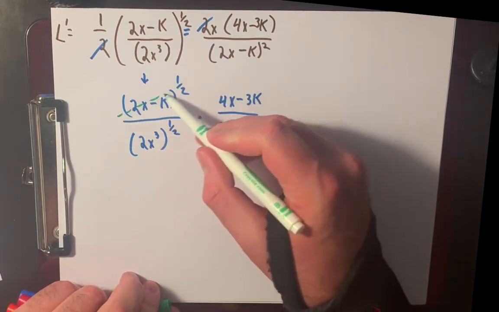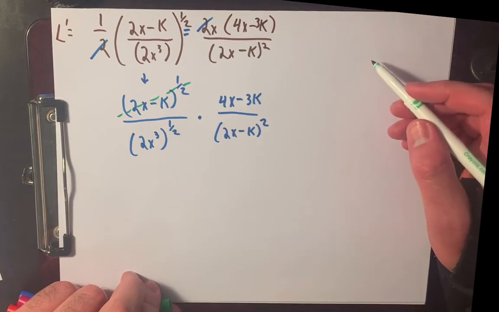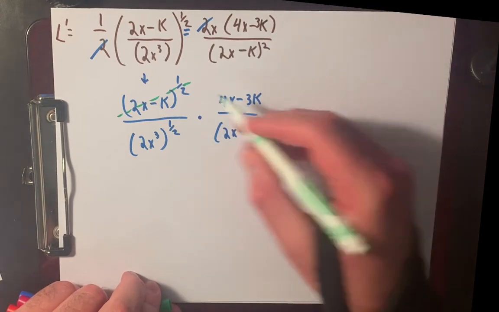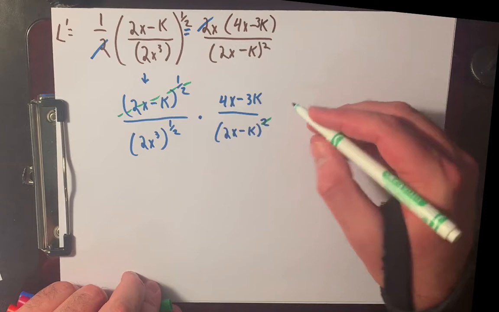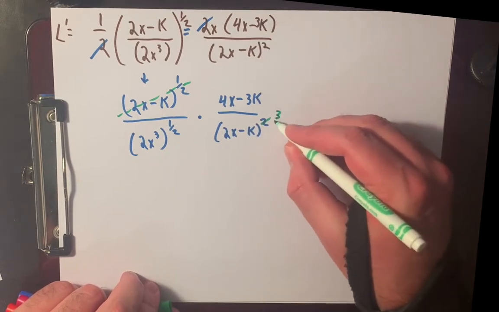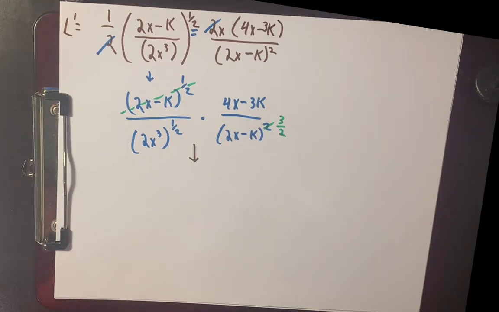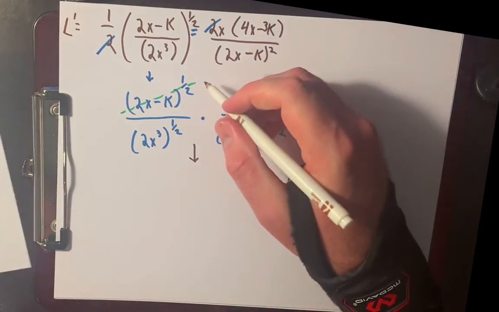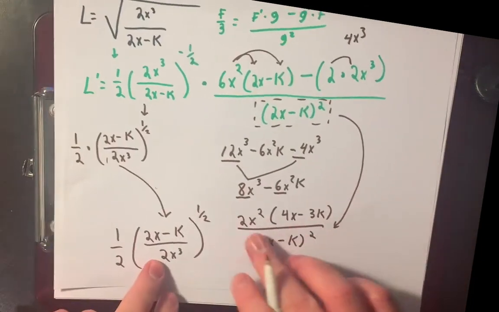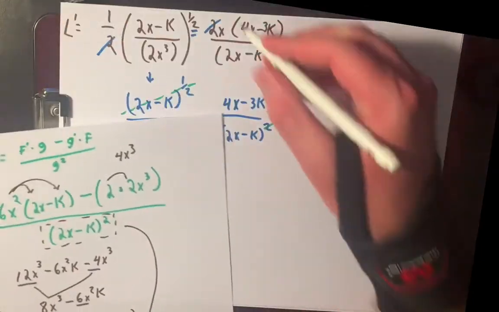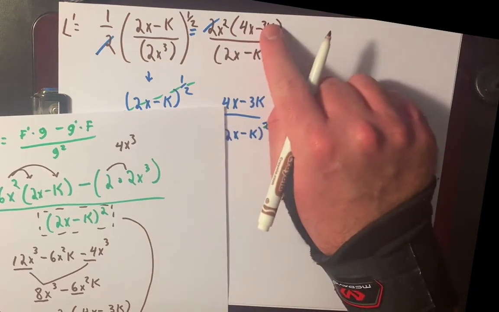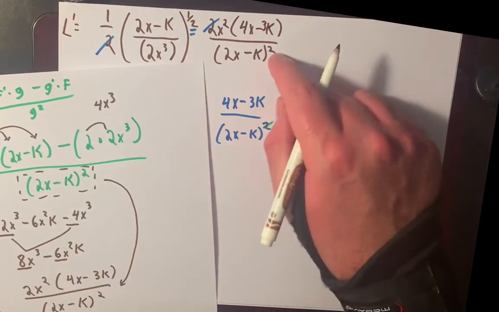This is a 2x minus k, so I'm just going to get rid of that. And this is 2 minus 1/2, which is 3/2. Oh, I made a minor arithmetic mistake here. So this is 2x squared. That should be 2x squared, 4x minus 3, 2x minus k squared.